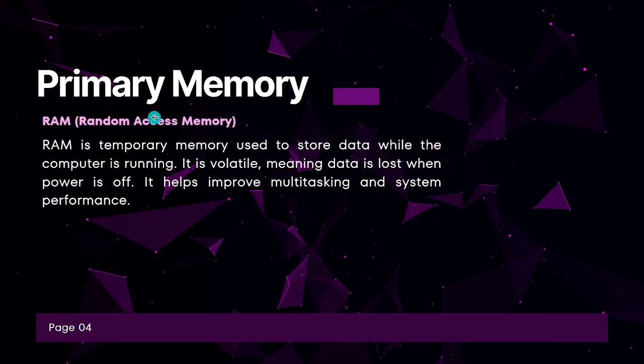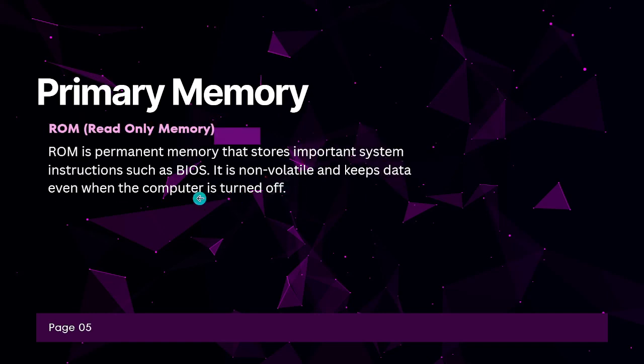So here is the first primary memory type. We have the RAM, the random access memory. RAM is temporary memory used to store data while the computer is running. It's volatile, meaning data is lost when power is off.